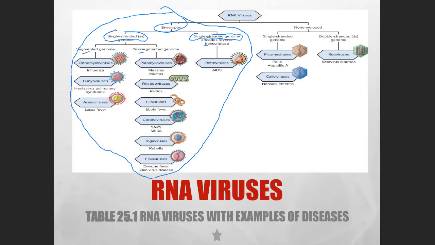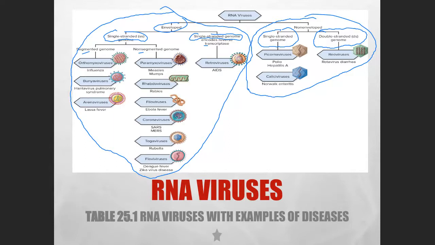Now we go to the least common one, which is the non-enveloped. From these non-enveloped or naked viruses, single-stranded will be the most common because this is RNA. The double-stranded are kind of weird viruses, very, very rare, because mostly RNA is single-stranded.